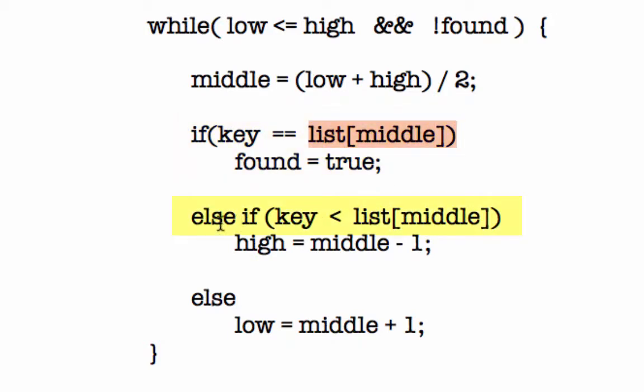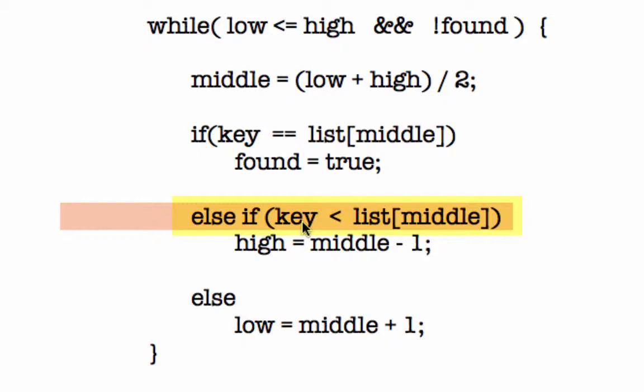And that's exactly what I'm doing here. I'm saying, okay, let me find out if the value that I'm looking for is less than the value that I just looked up that is located in the middle. In other words, let me decide if key, the value I'm looking for, is likely to be found in the first half of my sorted array.